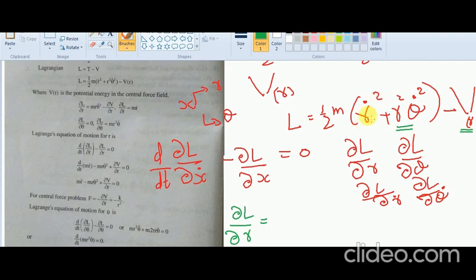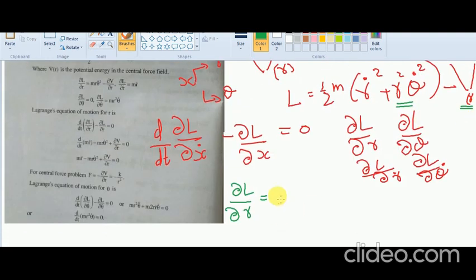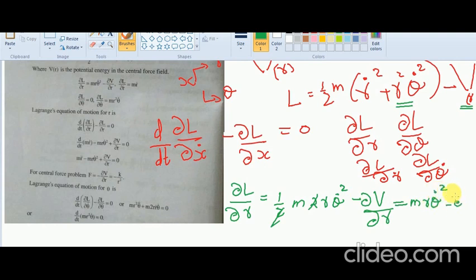So when you differentiate L with respect to r, the second term and the third term have to be differentiated. That gives half m r squared, which when differentiated becomes 2r theta dot squared, minus dou V by dou r. The 2 cancels, so this gives m r theta dot squared minus dou V by dou r.